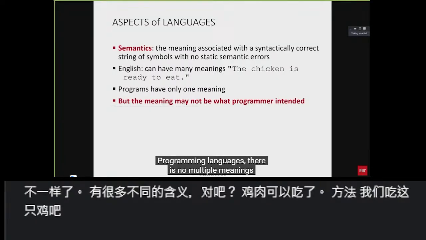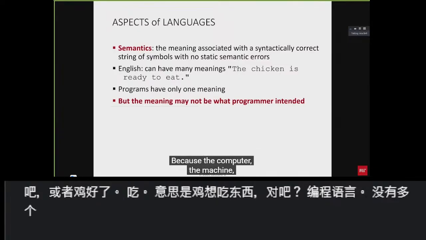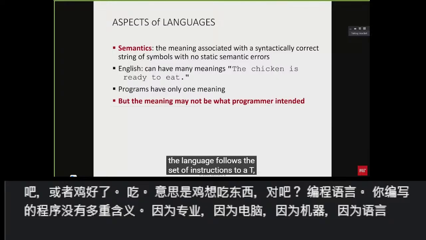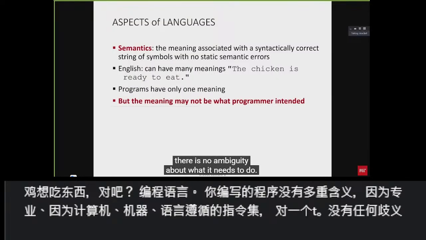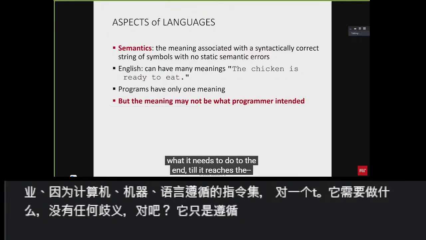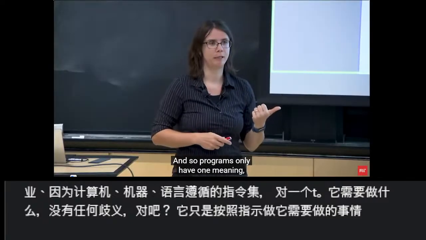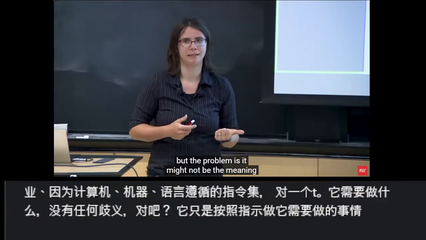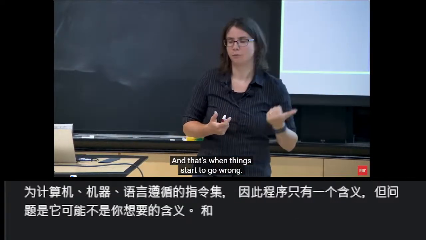In programming languages, there are no multiple meanings to a program that you write, because the computer follows the set of instructions to a T. There is no ambiguity about what it needs to do. It just follows the instructions and does what it needs to do until it terminates the program. And so programs only have one meaning, but the problem is it might not be the meaning that you intended it to have. And that's when things start to go wrong.